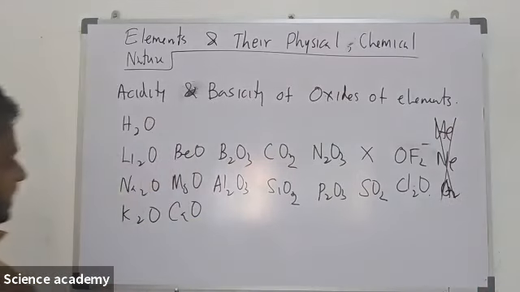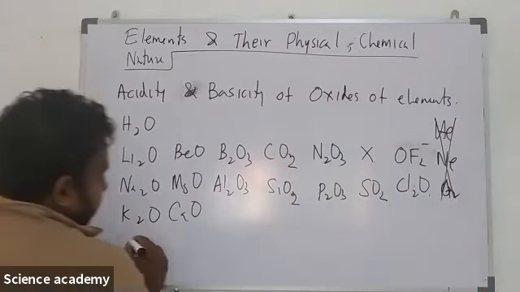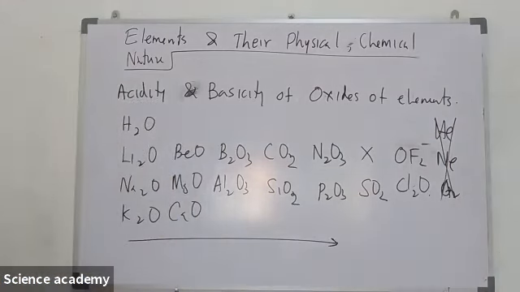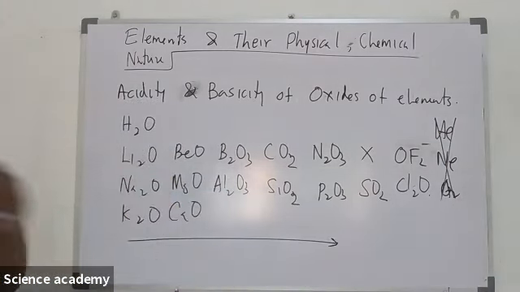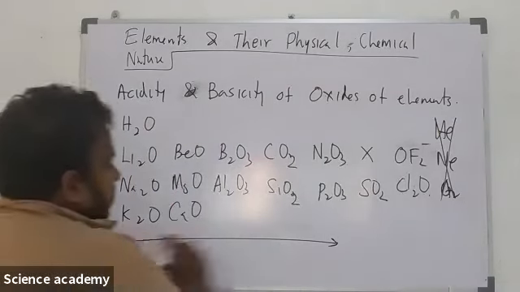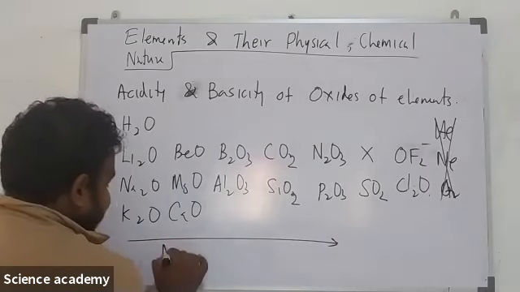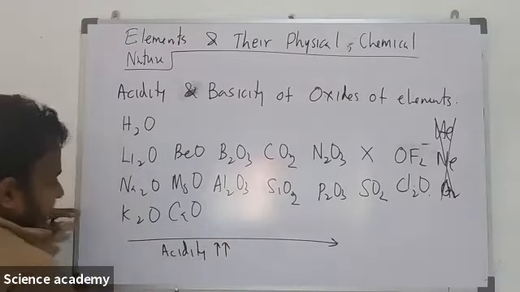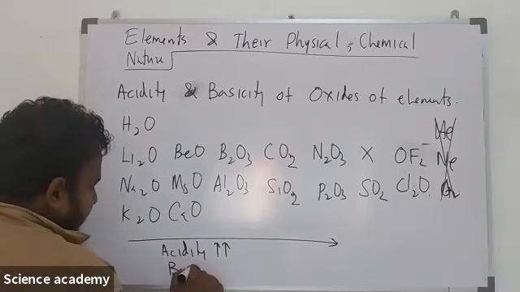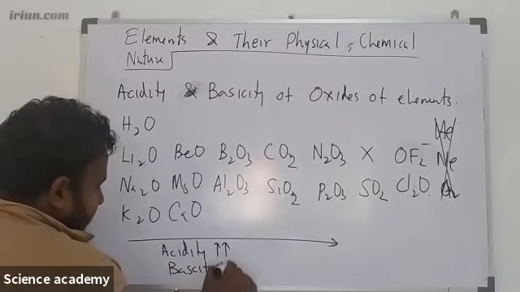And this is their new book. When you go from right to left, periodic wise, I have written the oxides of periodic elements. So when you go right to left, acidity increases, basicity decreases.